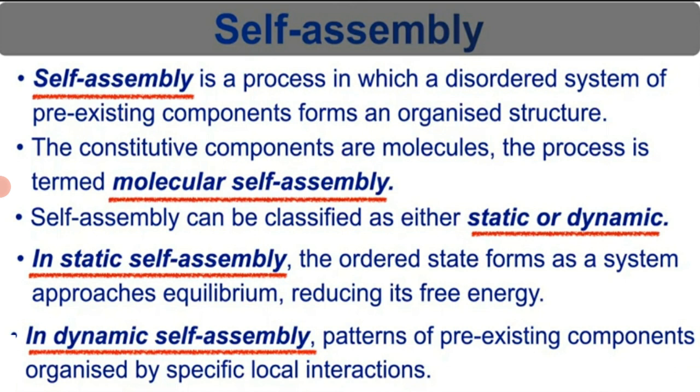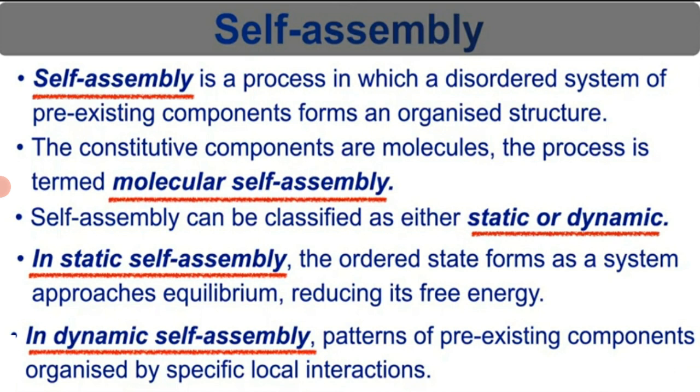Next type is self-assembly. Self-assembly is a process in which a disordered system of pre-existing components forms an organized structure. The constitutive components are molecules, and the process is termed molecular self-assembly.